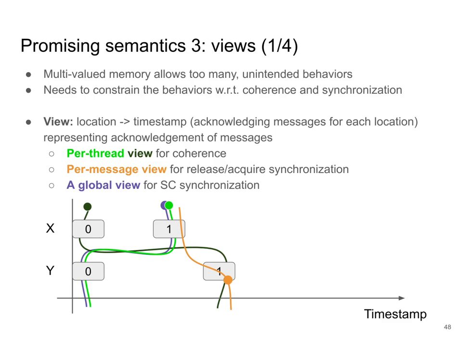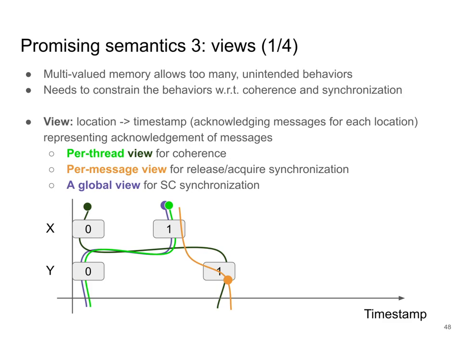The knowledge is that I know the messages 1 and 0. The messages are propagated to me. So in the future, I should not access the overwritten values at all. So for example, if the view is here, thread 1 should not read the value 0 anymore, because it is already overwritten by 1, and this message 1 is propagated by myself. So it is no longer possible to read the old value.